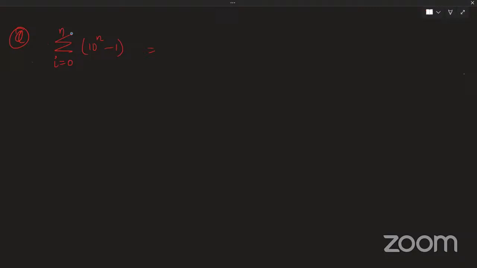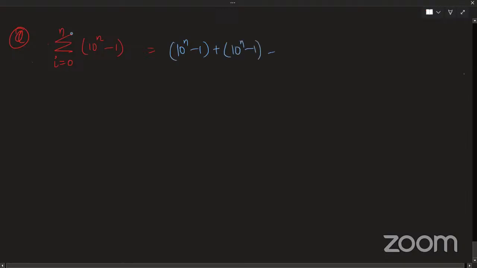It is treating this whole thing as a constant, so it will just come outside. So it is 10 raised to n minus 1 plus 10 raised to n minus 1 plus 10 raised to n minus 1, and so on. How many times? n plus 1 times.